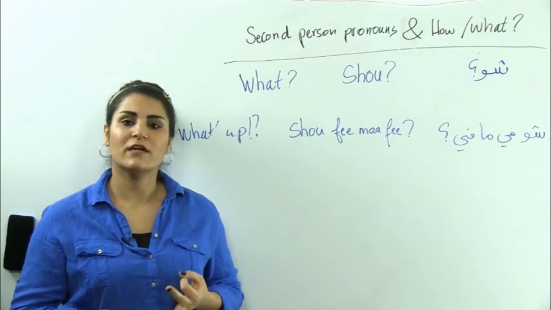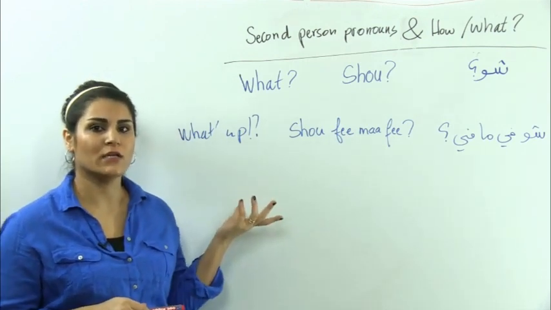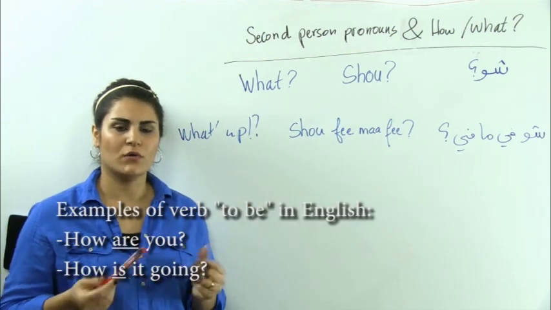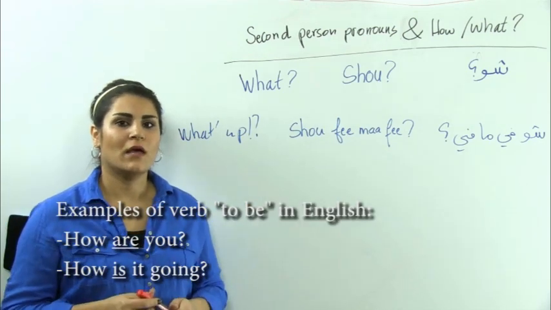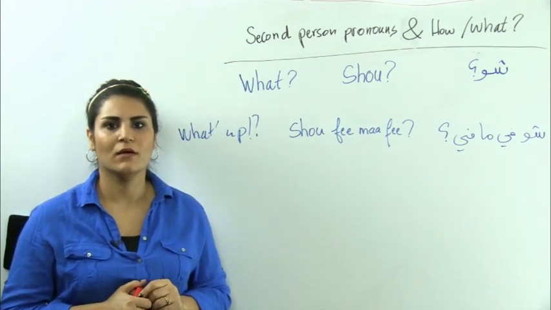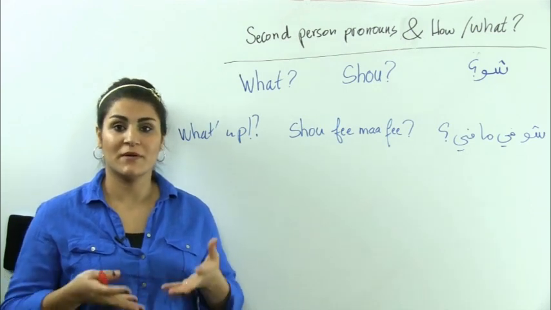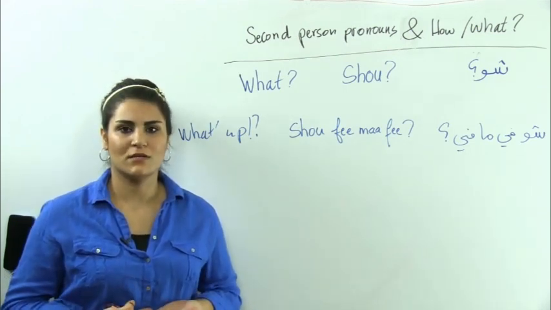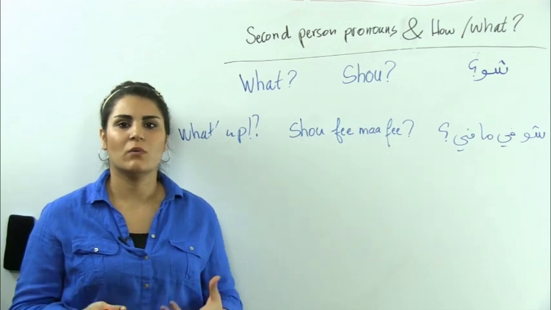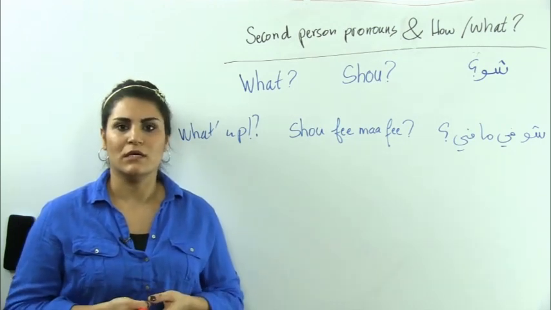Second, which is very important: when we ask questions in English we use the verb to be, how are you, how is it going, and as you notice, in Arabic it didn't exist. The verb to be in Arabic in the present tense does not exist. The meaning is implied in the question or the word, however the sentence is constructed.